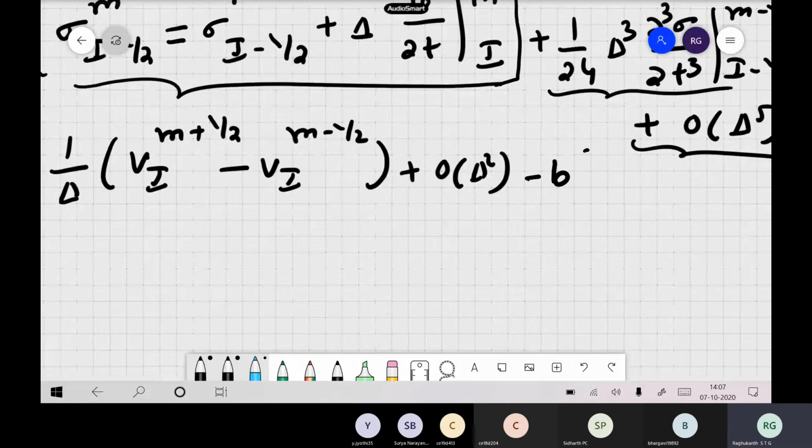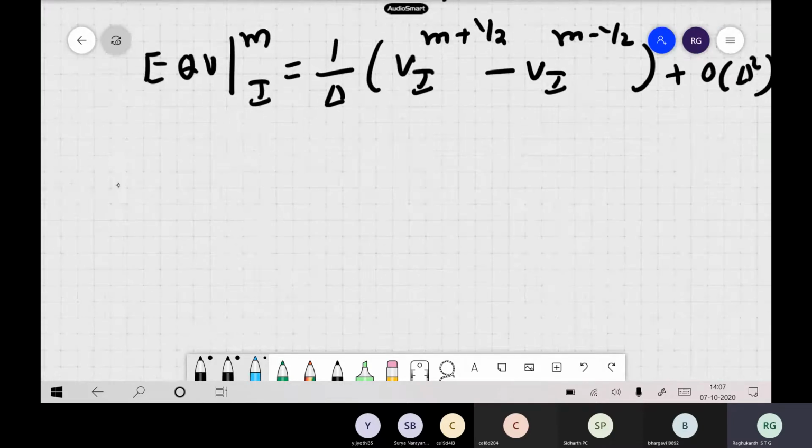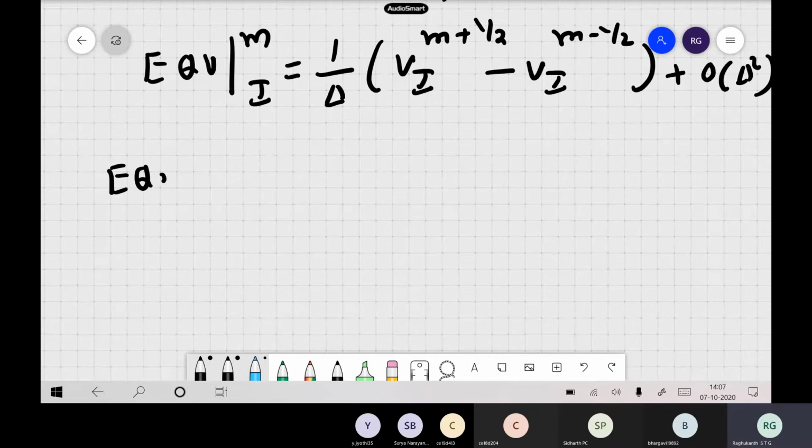Of course, if we take the body force also, this is ∂σ/∂x at m and i, minus the body force at m and i. Then the second equation, that is the equation for this sigma.